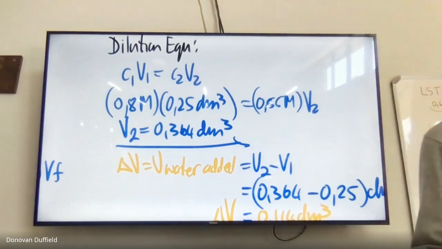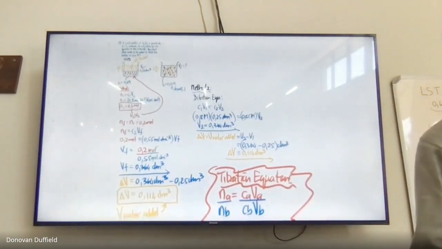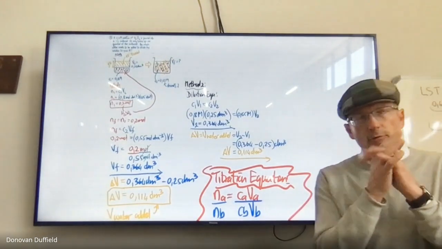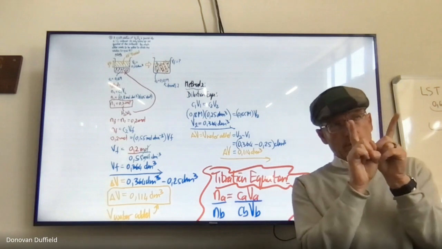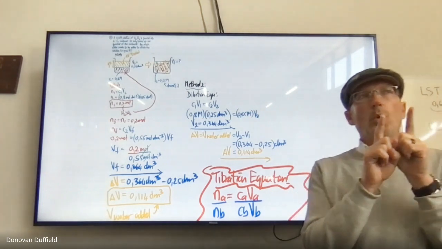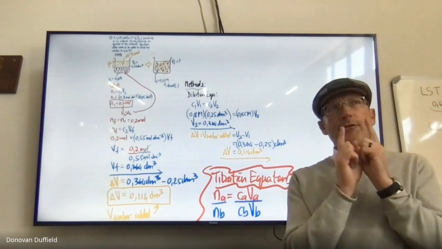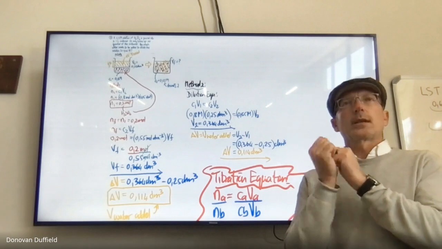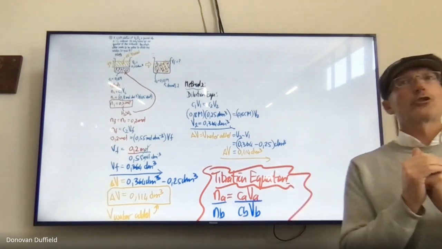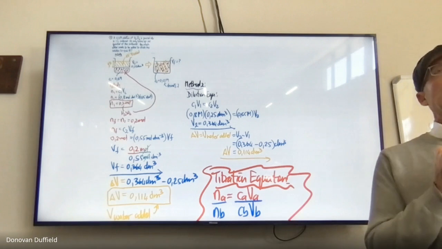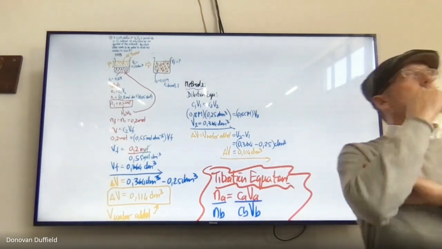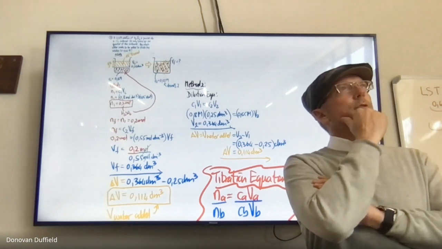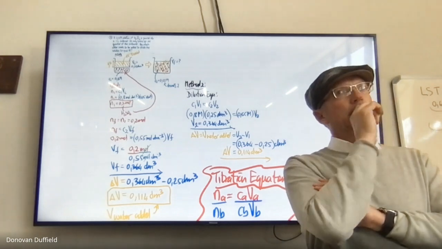Now, all of this stuff ties in, and I'm going to say this again. Generally speaking, your toughest questions in chemistry are question 7, which is acids and bases, and question 6, which is equilibrium.